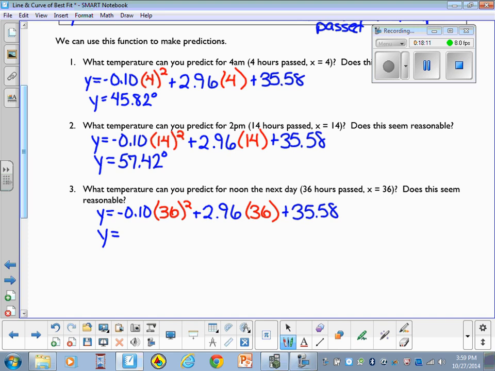Negative 0.1 times 36 squared plus 2.96 times 36 plus 35.58. Wow, I get 12.54 degrees. That doesn't make any sense to me. Noon the next day, based on the temperature from the previous day, should be around 58, 60 degrees. So no, this does not make sense.